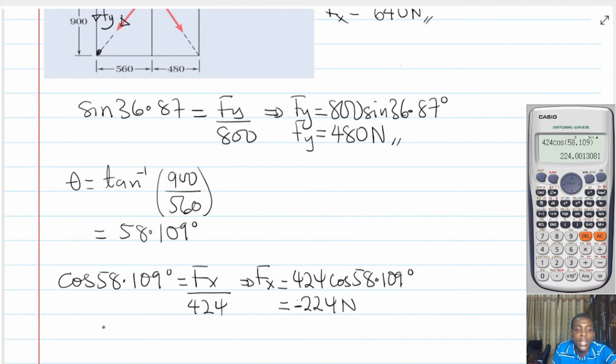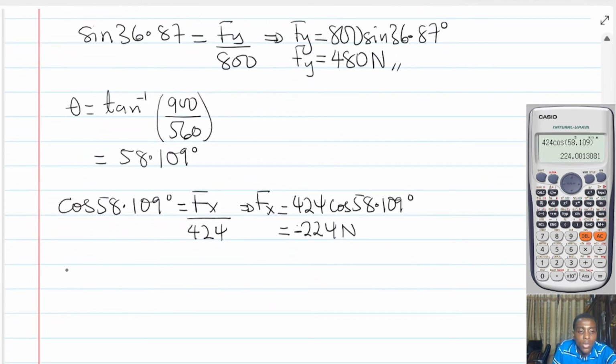Similarly, let's do sine. So sine 58.109 is going to be fy divided by 424.